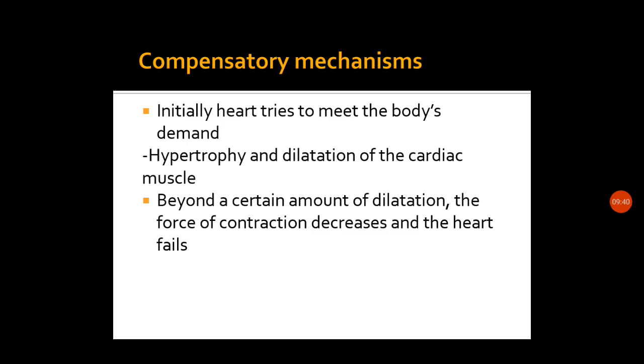Initially the heart tries to compensate by itself, but when that fails, the heart goes into complete failure.